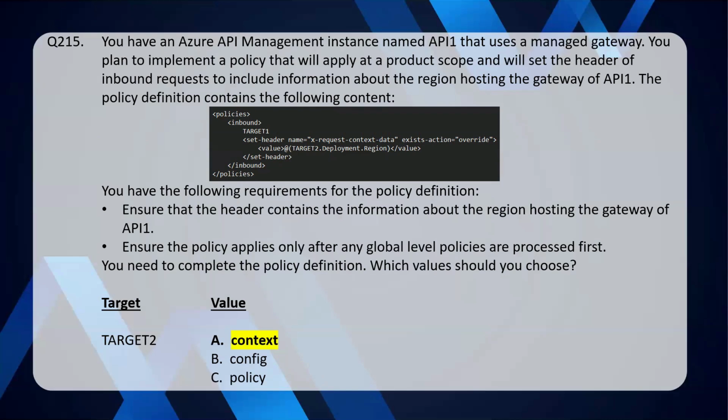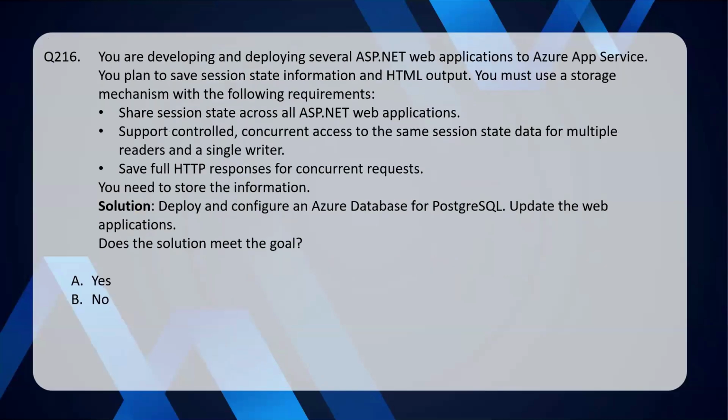Let's move to question number 216 of the series. Now friends, in this question, we are deploying multiple ASP.NET web applications to Azure App Service and need a storage mechanism that can share session state across all applications, support concurrent access, and store full HTTP responses for concurrent requests. The solution that is being chosen here is deploy and configure an Azure Database for PostgreSQL, update the web applications.